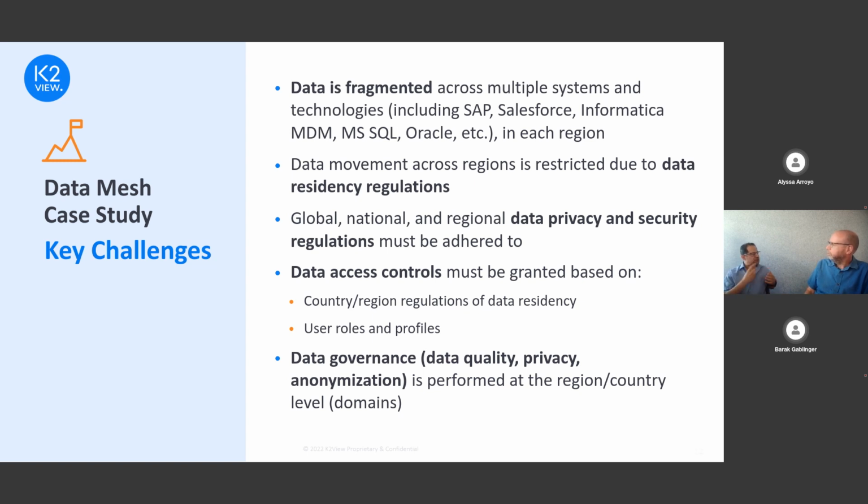I think there are two elements here. One is we come out of the box with the concept of the data product that you can put in each one of the domains. The other one is our ability and flexibility to handle fragmented data and constantly ingest the data so it would be fresh and you don't have to go down to the underlying systems.